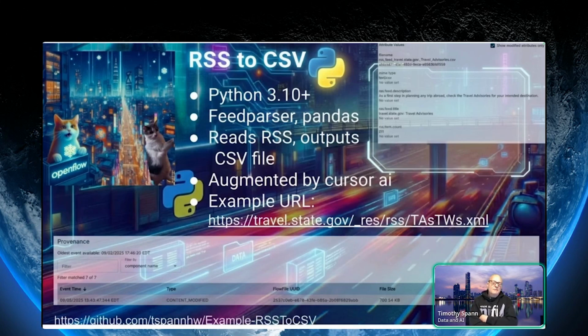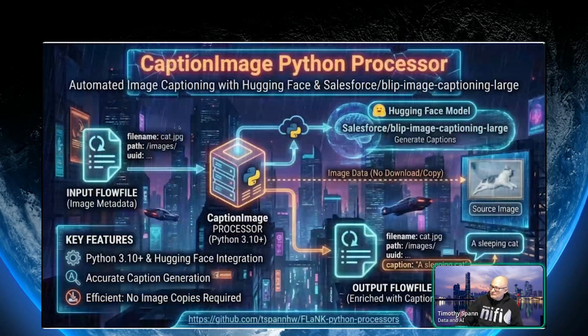Now with NiFi, we already have built-in ability to do this, but I thought this is a nice example, and I gave you an example of an RSS feed from the government, which is a nice one to look at and get that information out of. A little more powerful and unique to NiFi is the ability to grab an image, process that through our flow. So it's not just text files or CSV or JSON or whatever. It is an image.